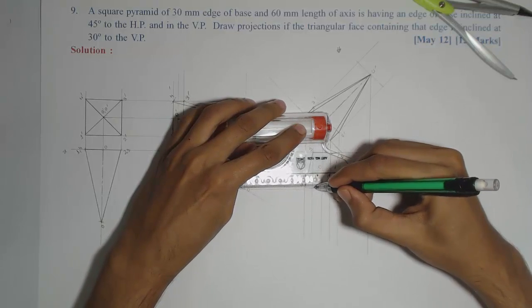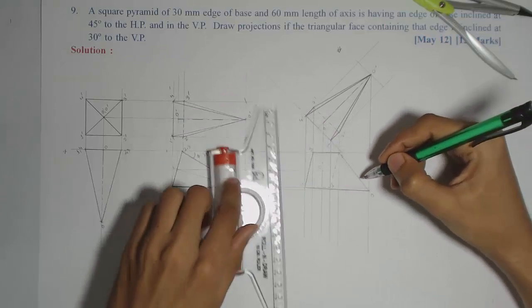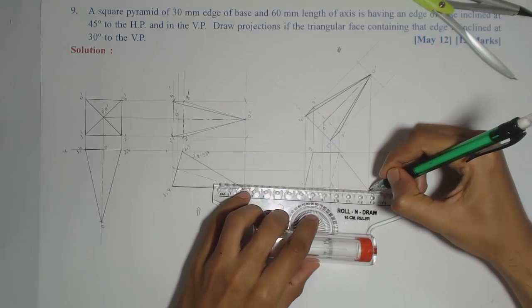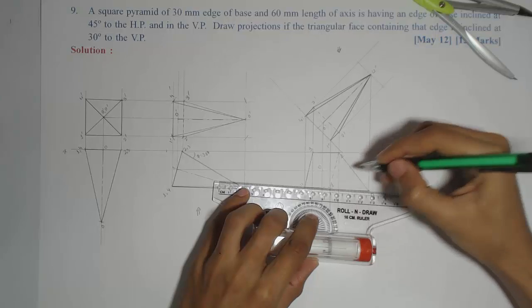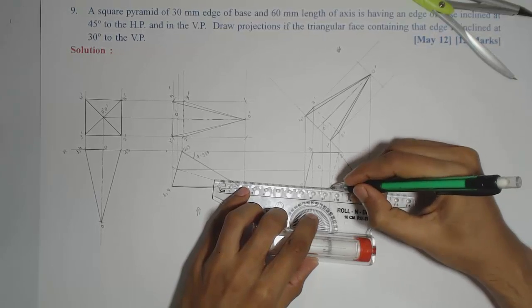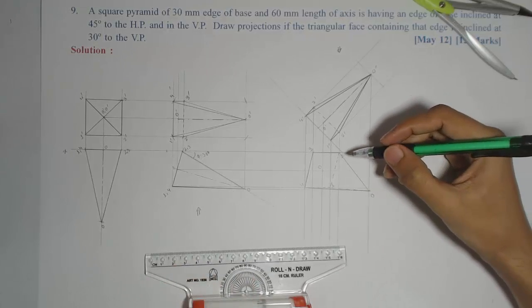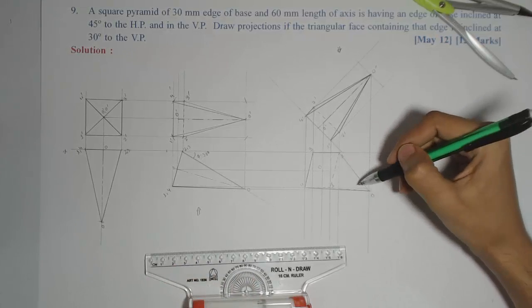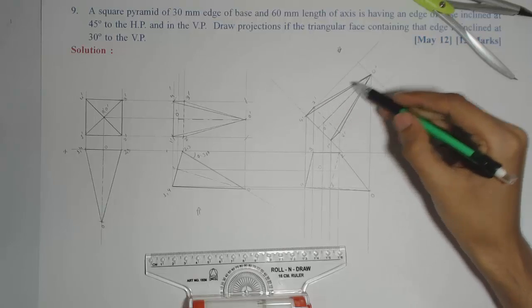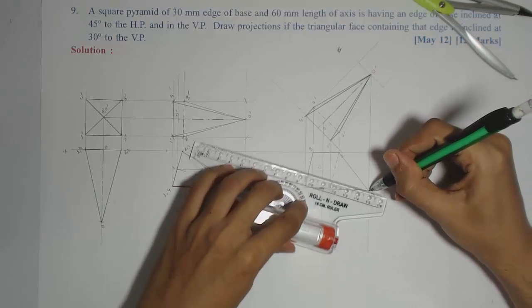And then the slant edge O1 will be again a dotted line. Now we are left with only one slant edge, which is O3. Since O dash 3 dash is nearer to the observer, O3 will be a dark line.